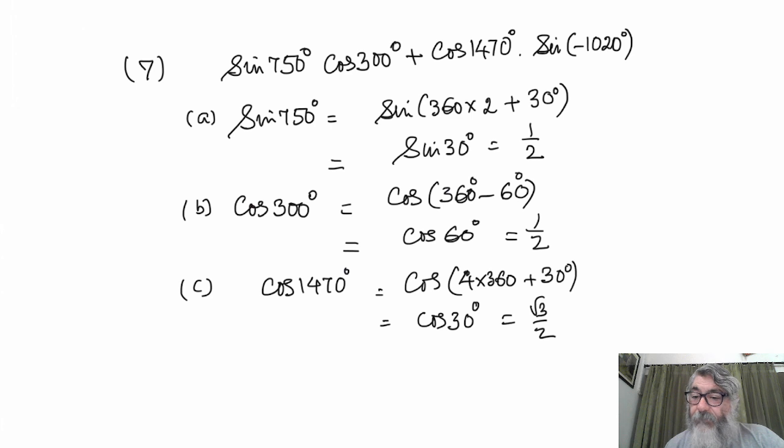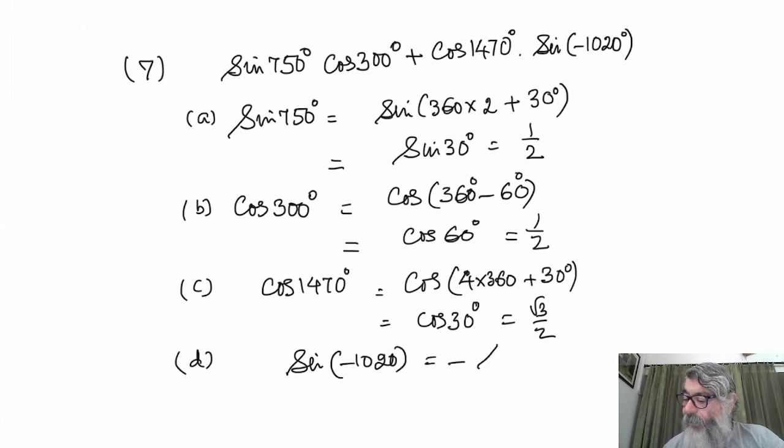Now let us see the value D. The next is sine minus 1020. First of all, it will become minus sine 1020, because when we have sine minus theta, theta could be anything, but it will fall into the fourth quadrant, and in the fourth quadrant sine is negative. Only cos and sec are positive.